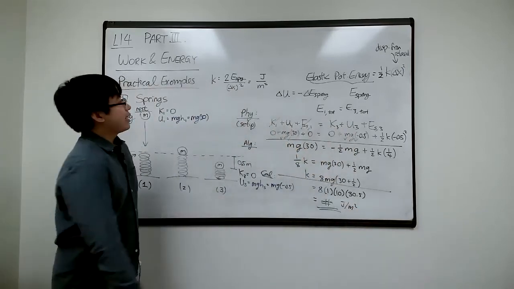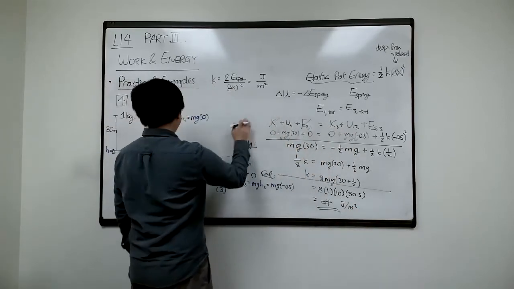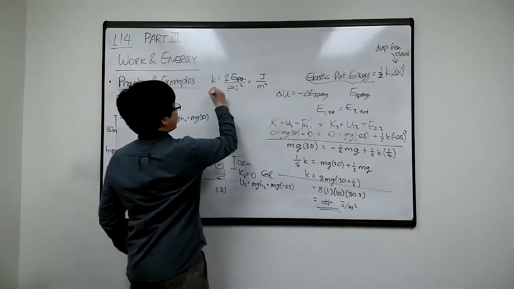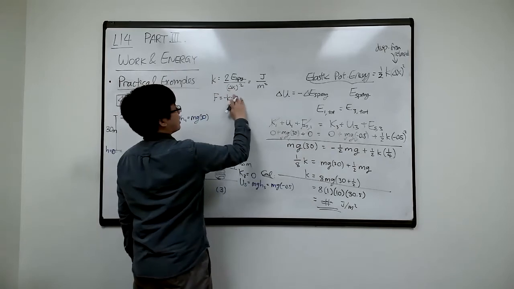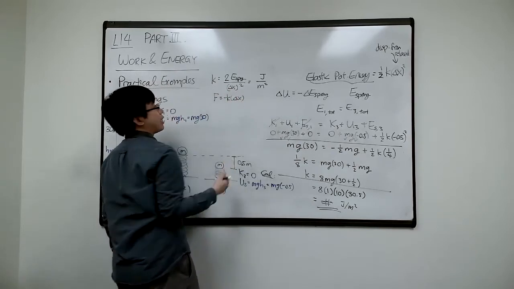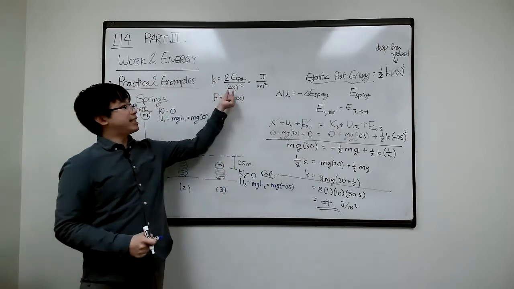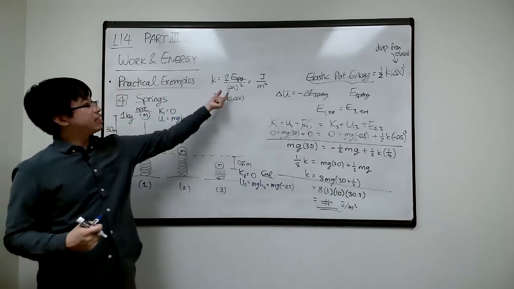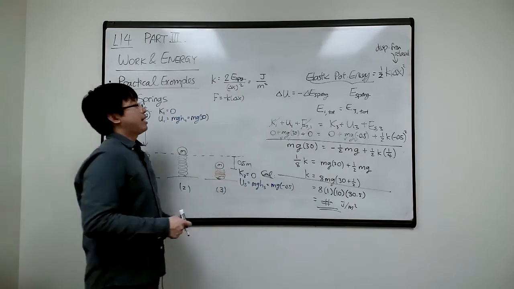If you have used another formula, let's say F equals minus Kx, we haven't talked about that, by the way. Delta x is a change in distance, and position is measured in meters, so change in position is also meters.